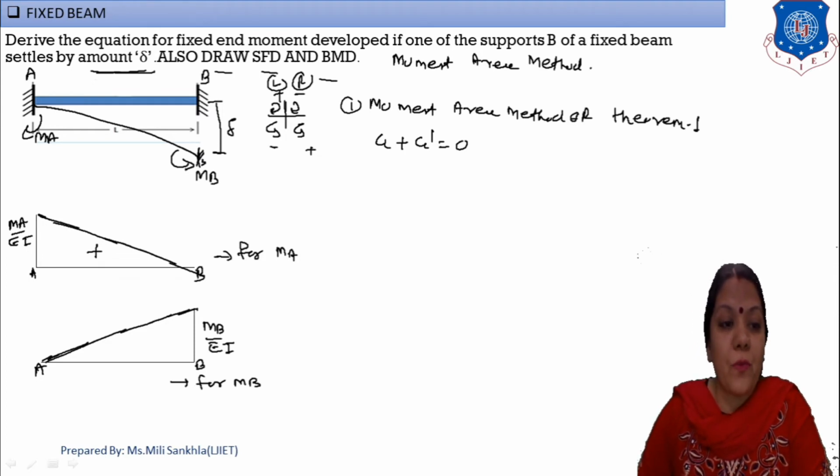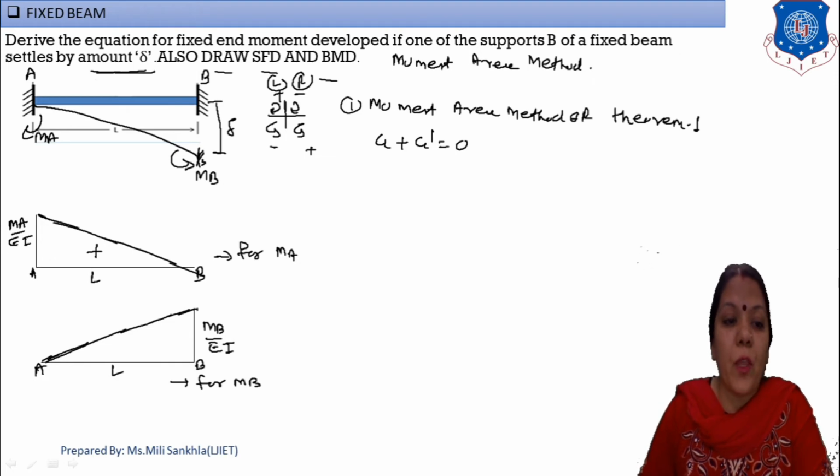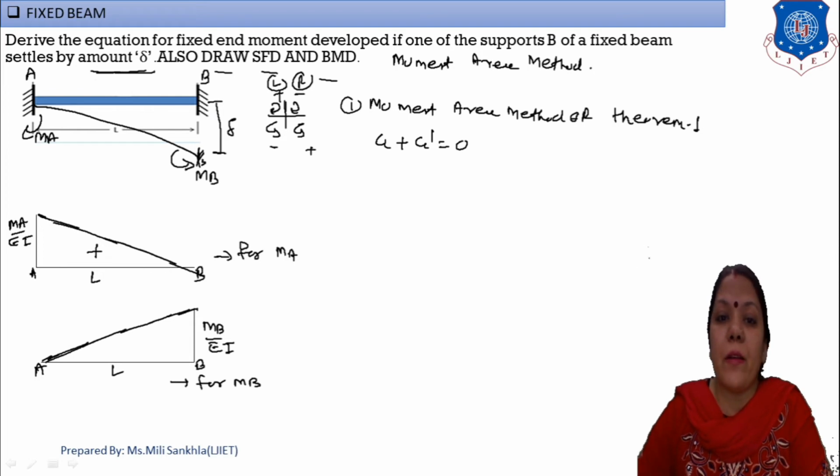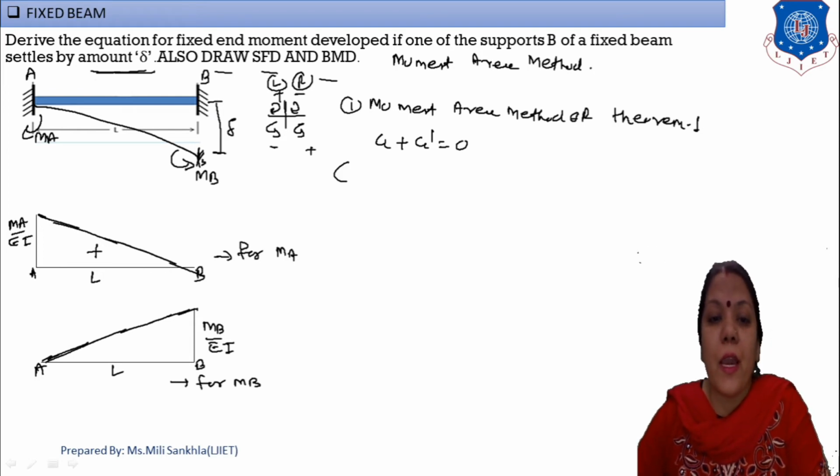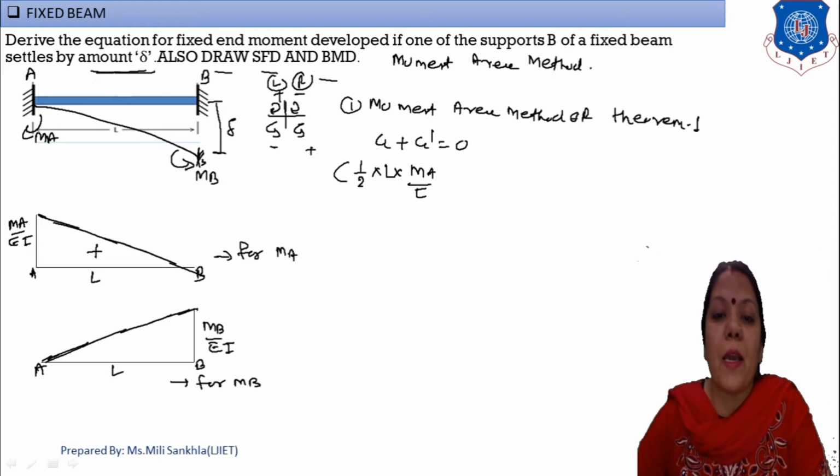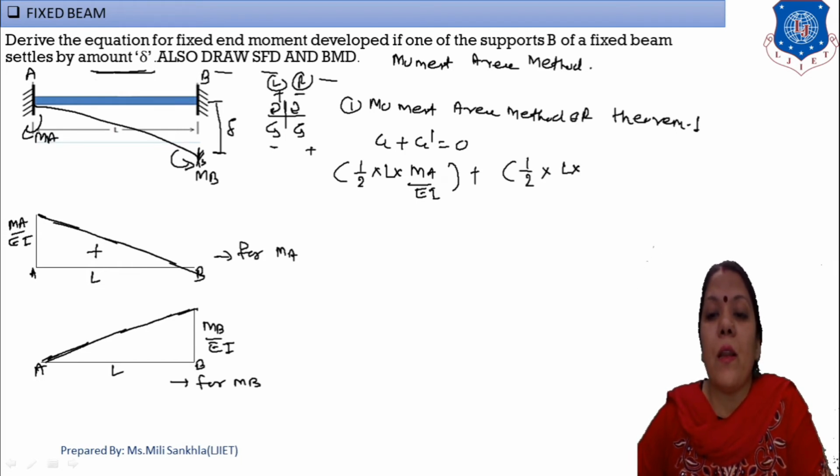Now the area of the first diagram is a triangle, 1/2 MA by EI into L, and 1/2 MB by EI into L. Right here our first area of moment MA is 1/2 L into MA by EI, and our second is 1/2 into L into MB by EI, equal to 0.